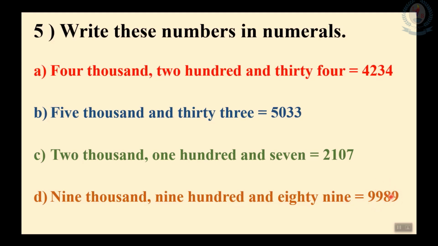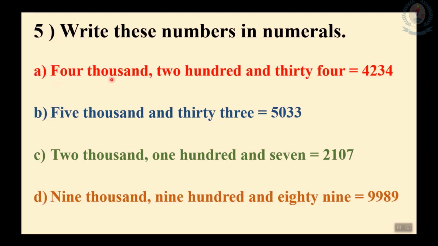9989. When we write these numbers in numerals, we have to find these special words: thousands, hundreds, tens, and ones. Using those words, we write the numerals.